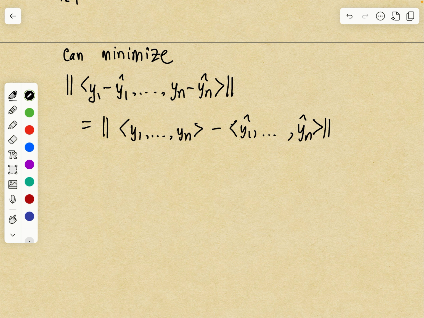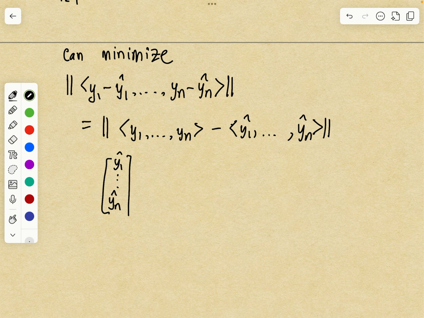Now, what is the connection between the yi's, this vector, and m and b? Well, let's call this vector like this.